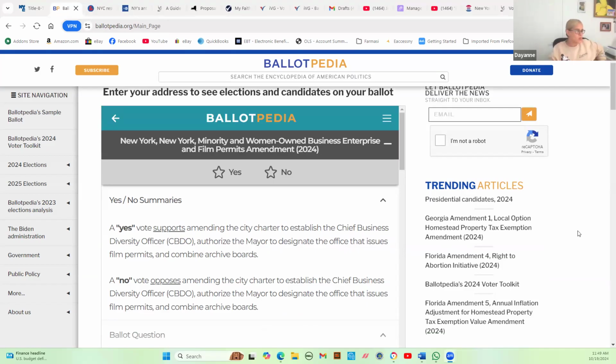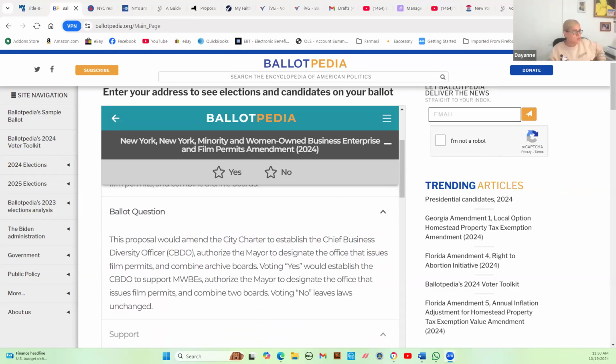A yes vote supports amending the city charter. Again, all of this is revolving around the city charter to establish the Chief Business Diversity Officer, to authorize the mayor to designate the office that issues film permits and combine archive boards.